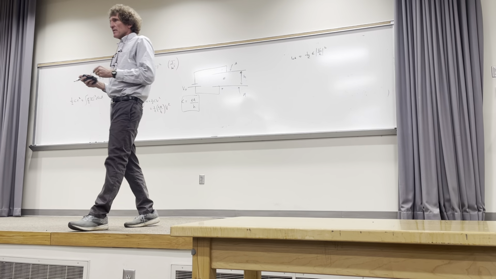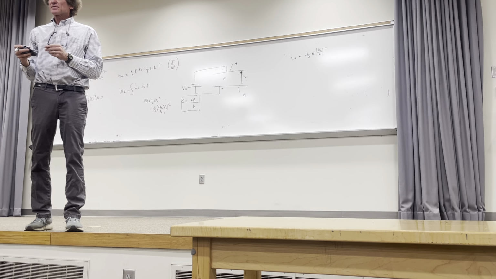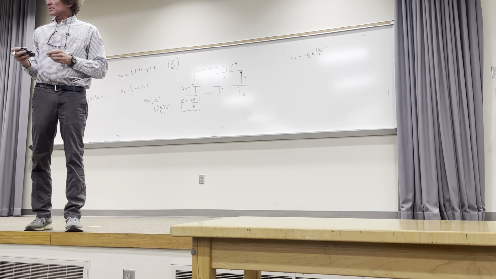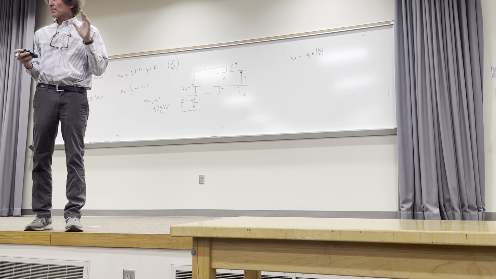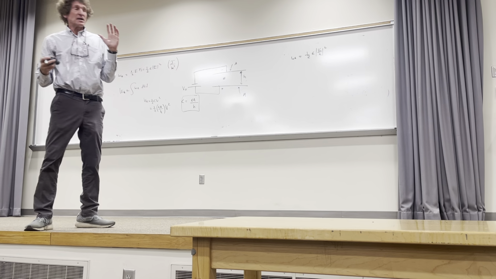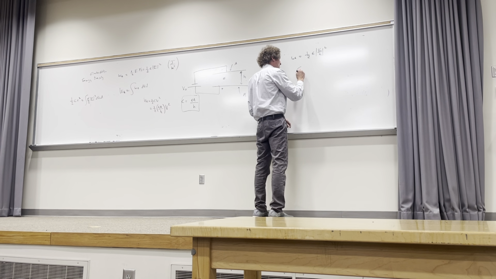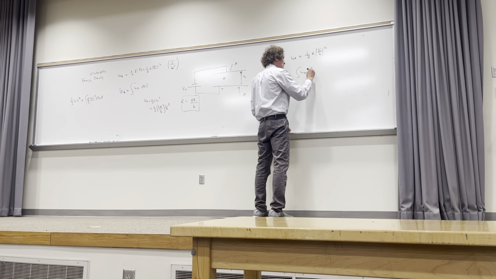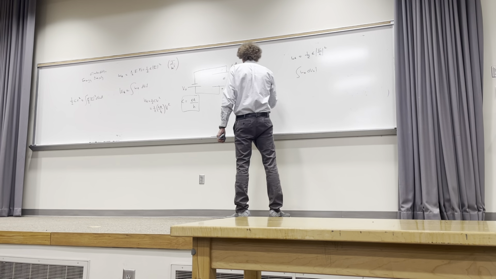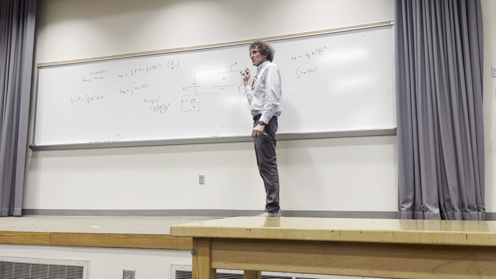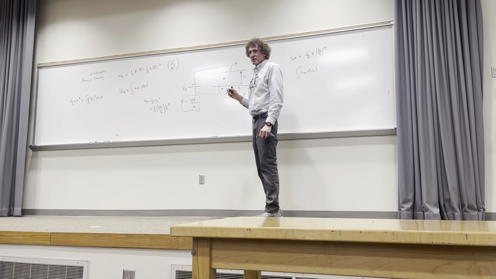Just take 1/2 times epsilon times the E field, which is V over H, squared, right? All right, now I'm going to integrate that over the volume. When I integrate this energy density over the volume, I'm really integrating it over the internal volume of that rectangle, correct, class? Y'all follow me?